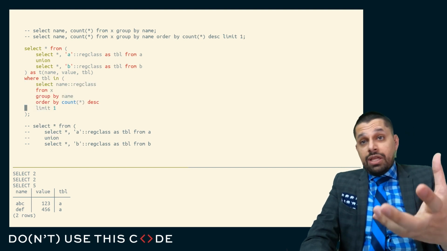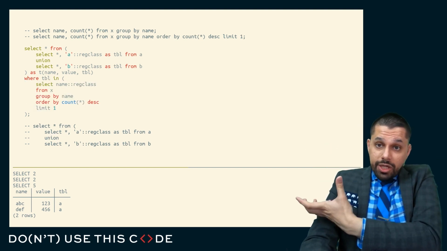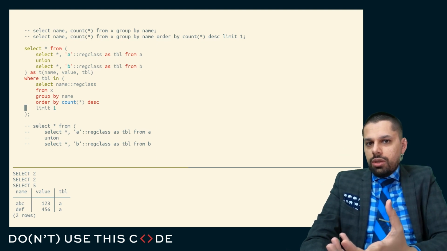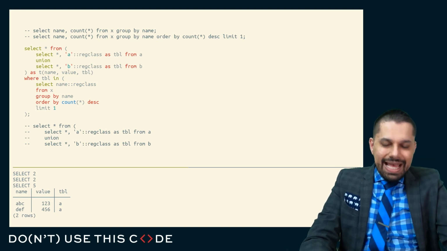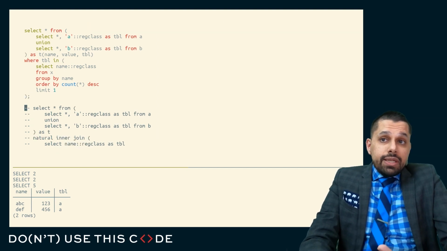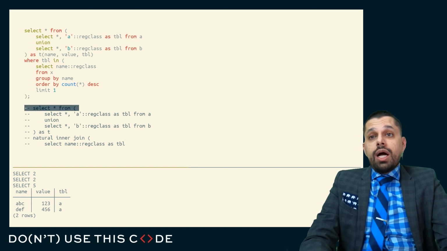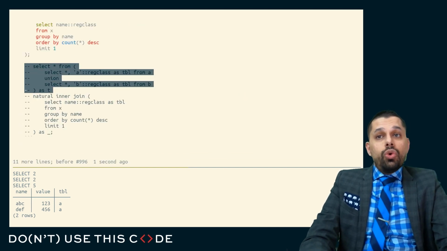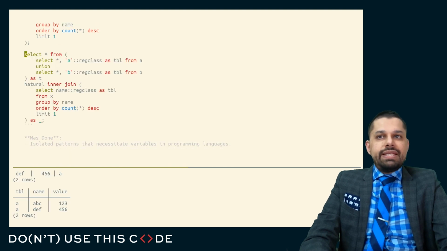And here you can see I can use the result of one expression in order to drive some sort of control flow-like structure on another expression. And that's exactly what we think of when we think of variables. And you can see this can be done via some sort of subquery with a temporary table or some sort of join with a temporary table. Here's basically the same idea, but using a join instead.